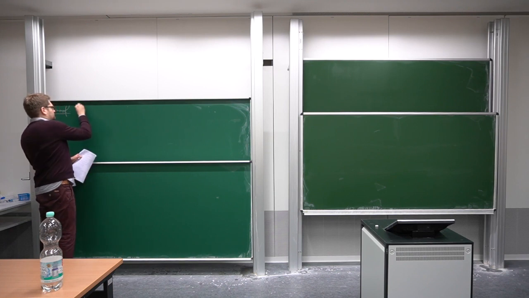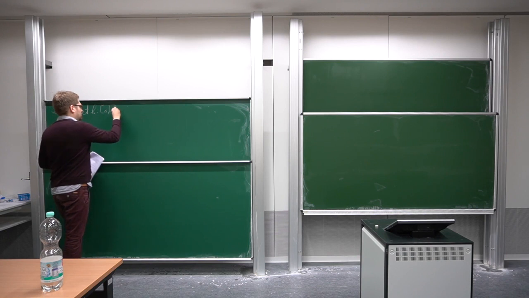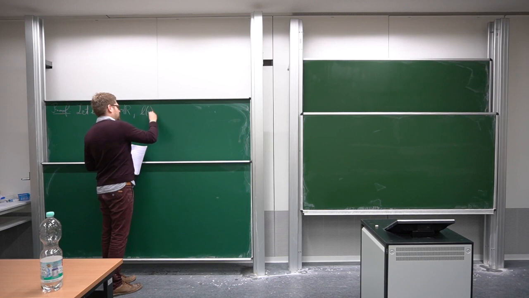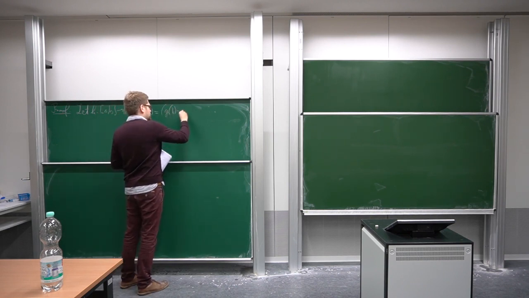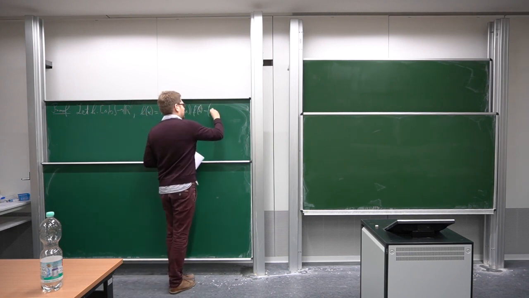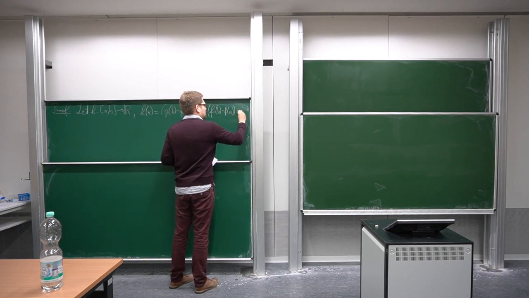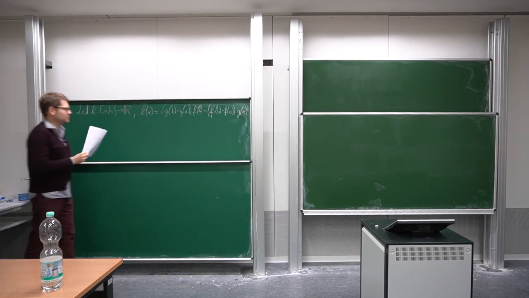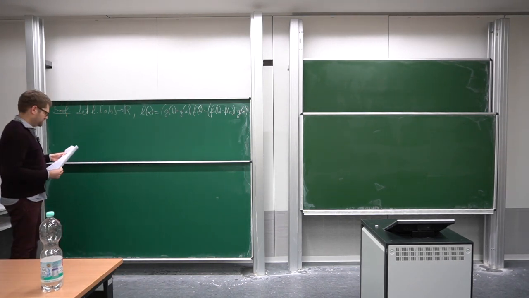Namely, we consider the function h from [a, b] to R, h of x is (g of b minus g of a) times f of x minus (f of b minus f of a) times g of x. Okay, why? Because it works. So there's no obvious reason to take this, but we will see in a tiny bit that we can indeed use this.